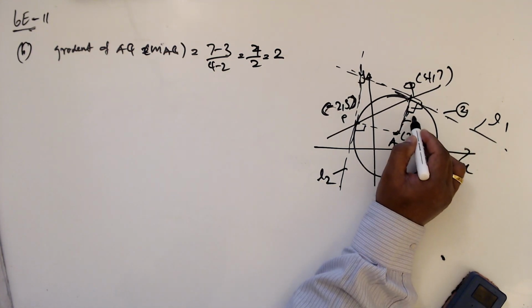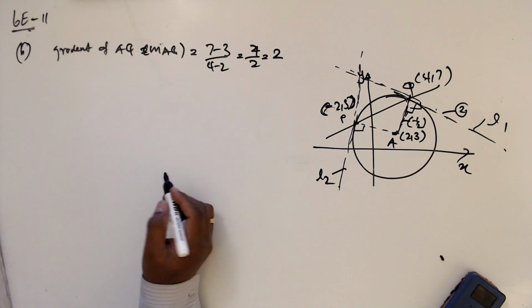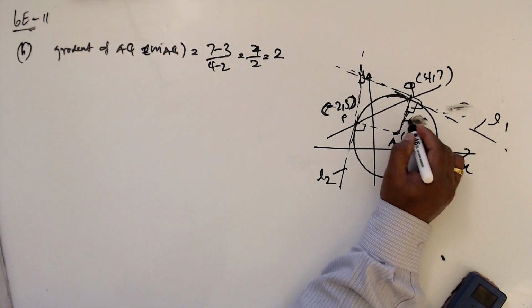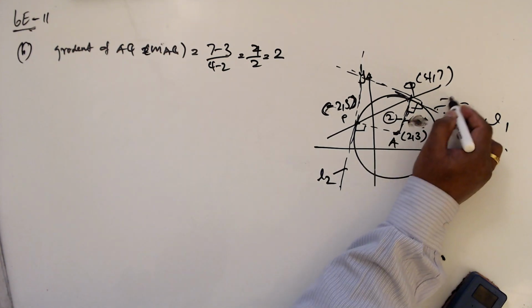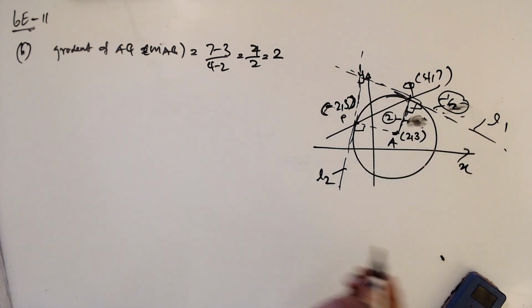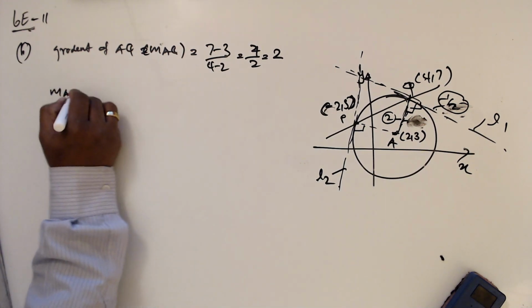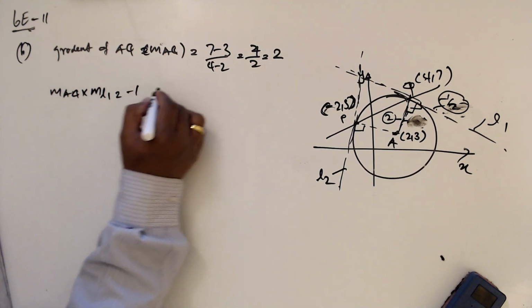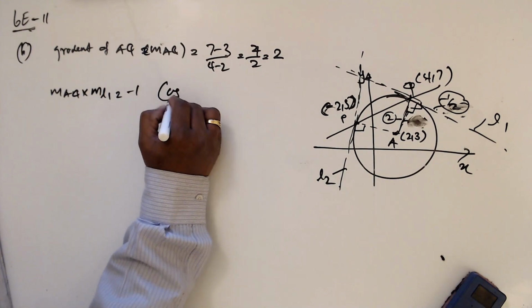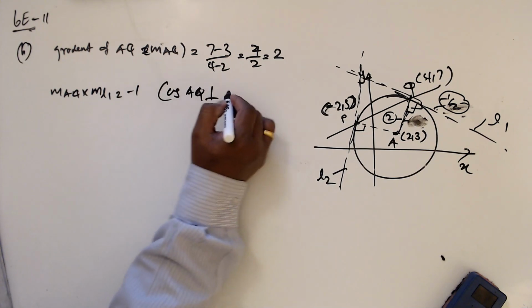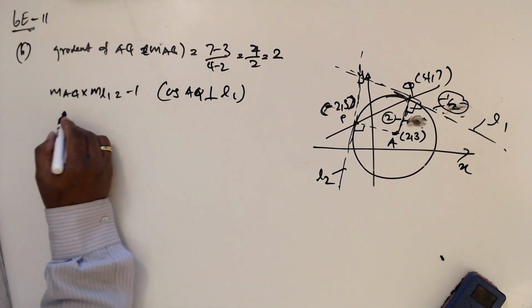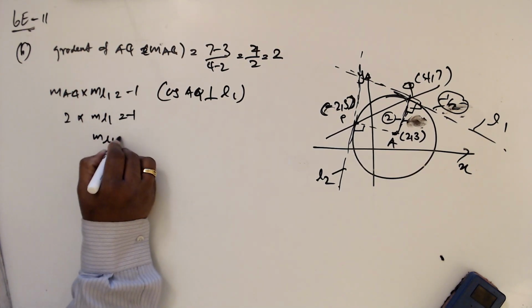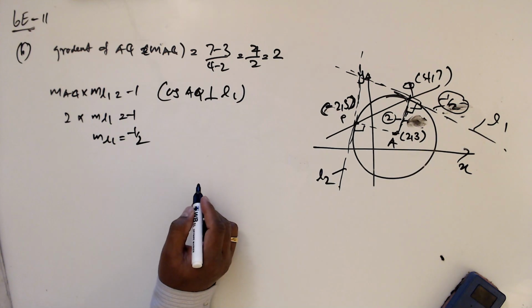It means gradient of this one is minus half. So MAQ times ML1 equal minus 1, as AQ is perpendicular to L1. Then 2 times ML1 equal minus 1, so ML1 is minus half.